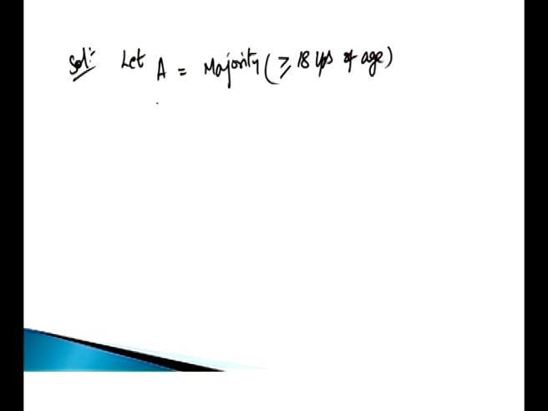Let A is equal to majority, that is greater than or equal to 18 years of age. B represent the regular players.